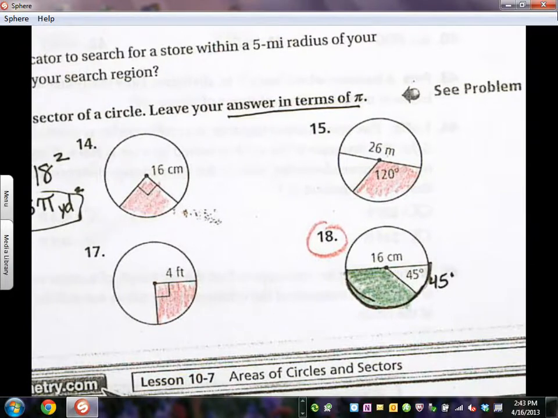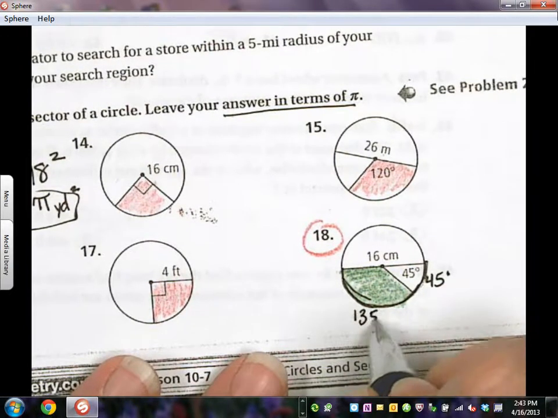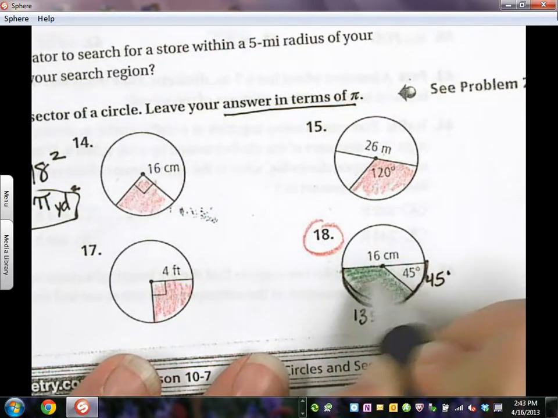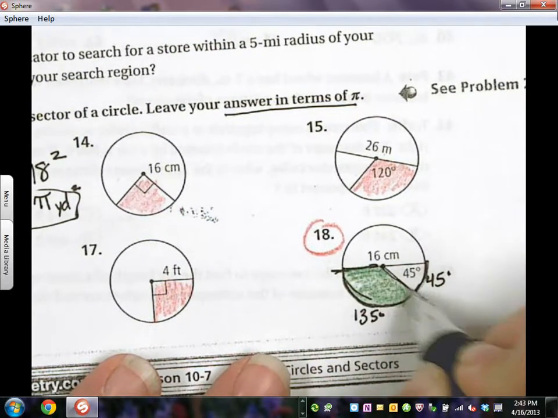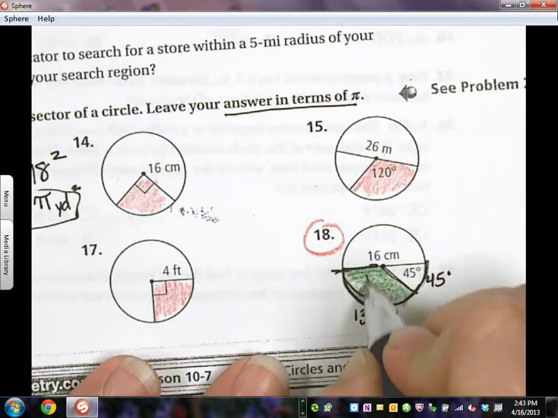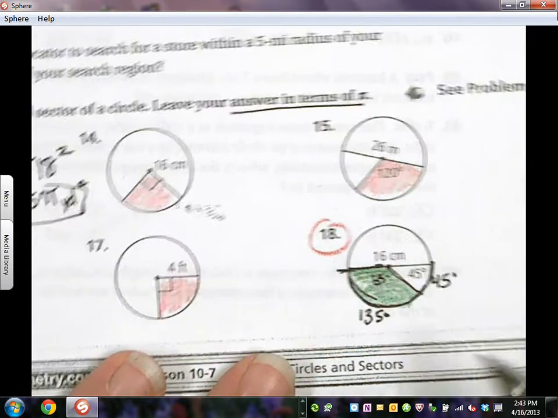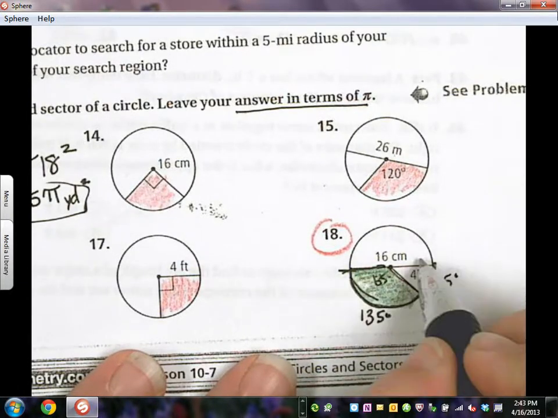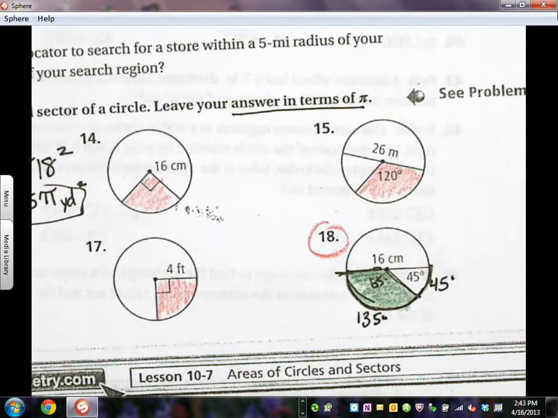So 180 minus 45 leaves me with the arc length here of 135. So I know that the central angle that intercepts that arc is also 135. So maybe instead of seeing that, you saw the linear pair here, and you knew that together those had to be 180 degrees. Either way works.